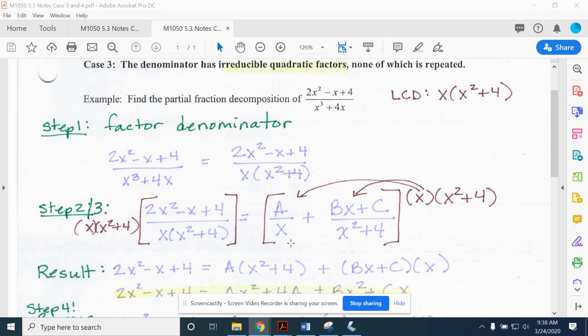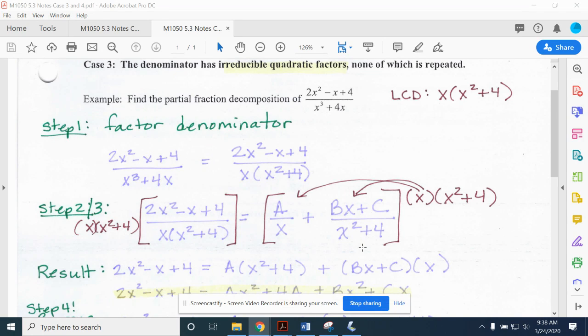So for example, the factor of x is linear, a monomial, and the next descending order would be just a constant. Hence, that's why we have the A. And then the second factor is x squared plus 4. Well, that's not reducible. Therefore, the next item in descending order would be an x plus a constant, because this is a quadratic.